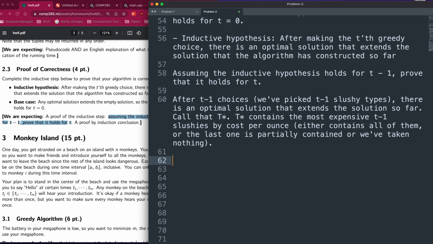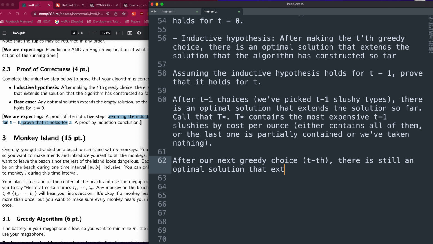Okay. Now what we want to argue is after our next choice, so after we take the t-th greedy choice, there is still an optimal solution that extends our solution so far, right? So our algorithm is going to want to take some amount of the t-th item, okay?